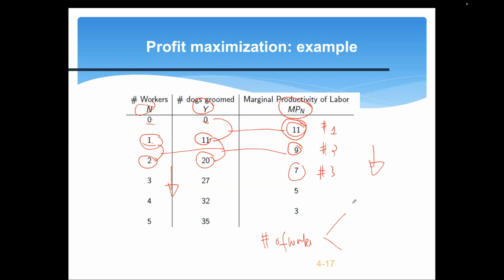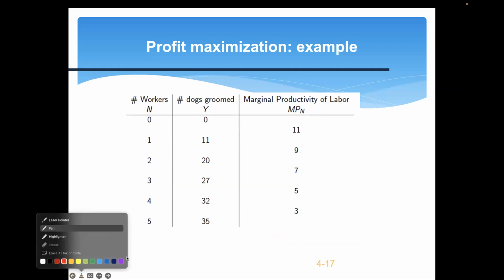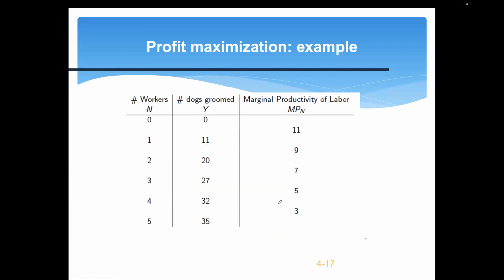The firms need to compare cost versus benefit. What is the cost in terms of dogs they're going to groom? The cost is 8.